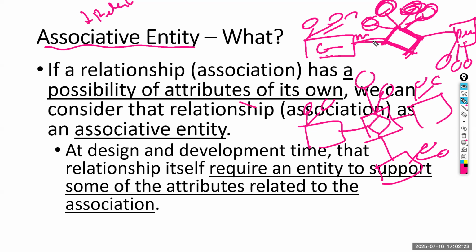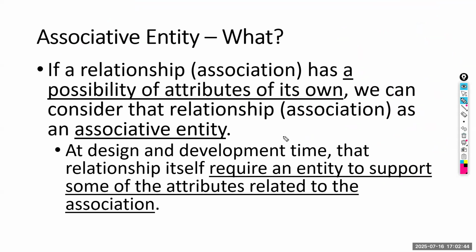Many to many relationships, binary, unary, ternary, whatever. And in general, if it is ternary, there's a very high chance that your association also ended up as an entity. That means you have attributes there. Those are the two main scenarios. Okay.